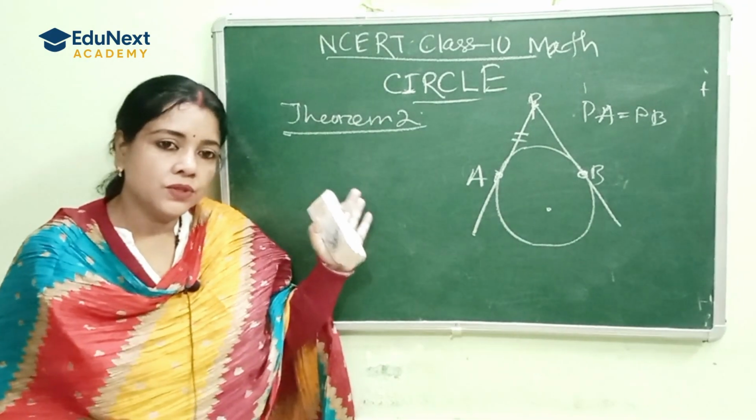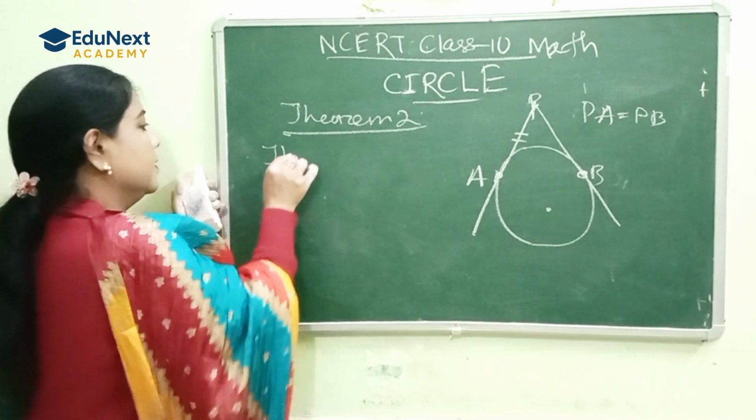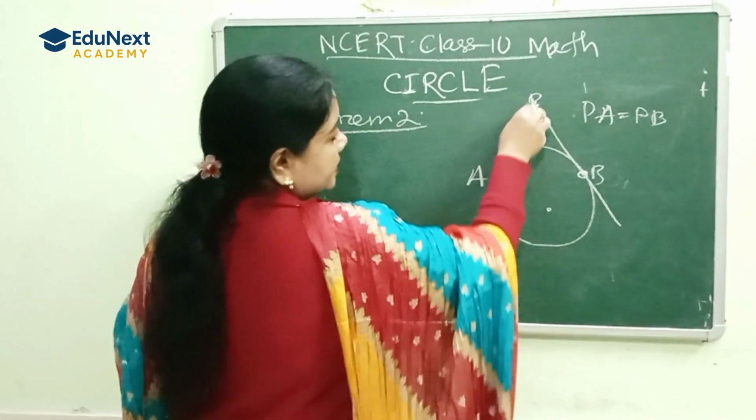Theorem 2 says that the length of the tangents drawn from an external point, the length means this length.